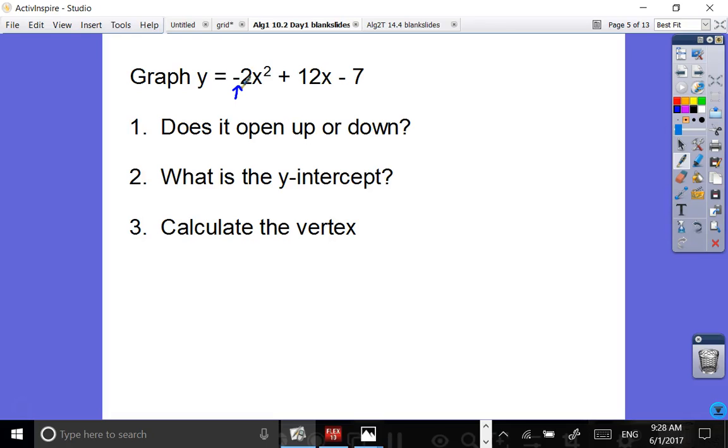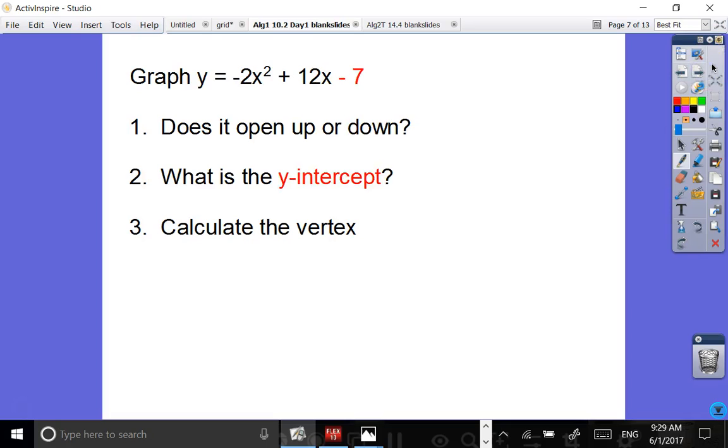Down, because of the minus. The last term, as we saw when we didn't have an x term, is the y-intercept. So just looking at it in standard form, you know those two things: up or down, and the y-intercept. The y-intercept is -7.